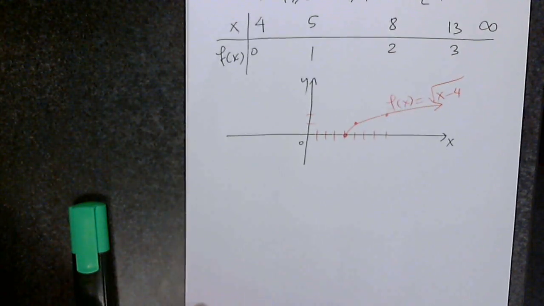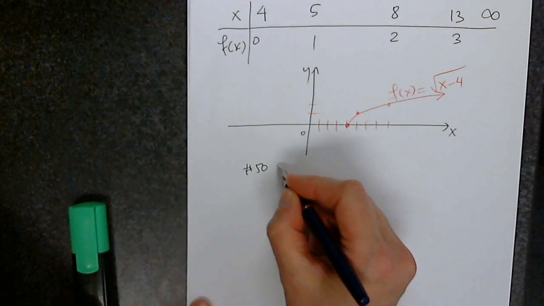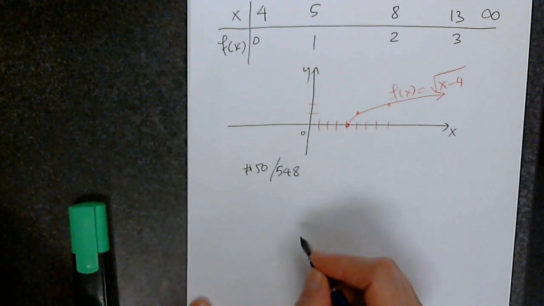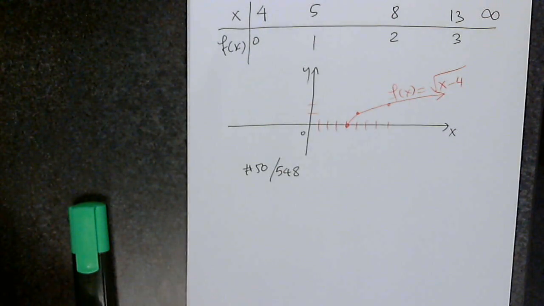50 on page 548. The surface area of a sphere varies directly as the square of its radius. The area varies directly as the square of the radius. Y equals kx.